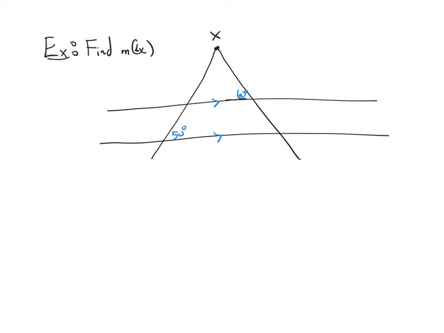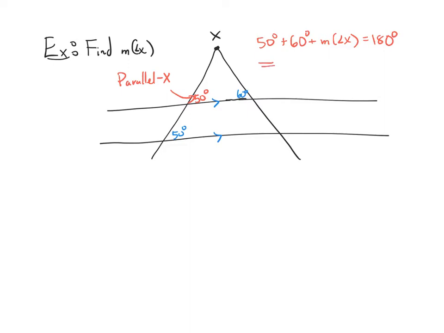So the first thing we're going to do, by the parallel X rule, we are going to move that angle up here. So we'll say here, parallel X rule. Okay. And now we know that 50 degrees plus 60 degrees plus the measure of angle x has to be 180 degrees since we have a triangle.